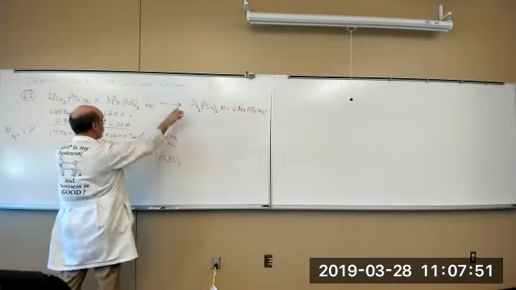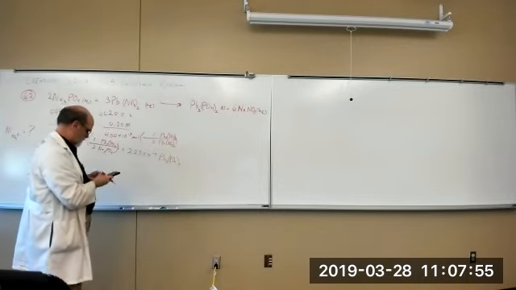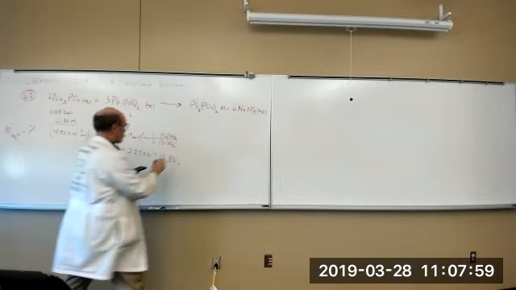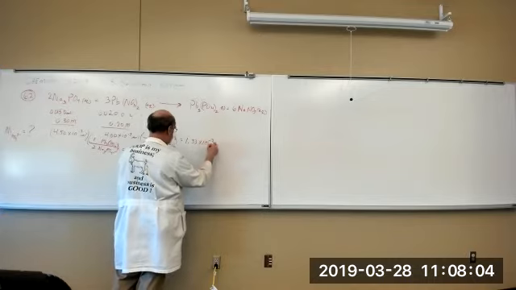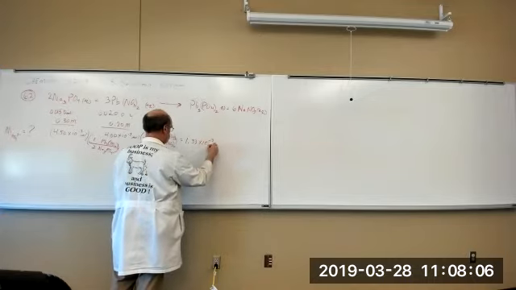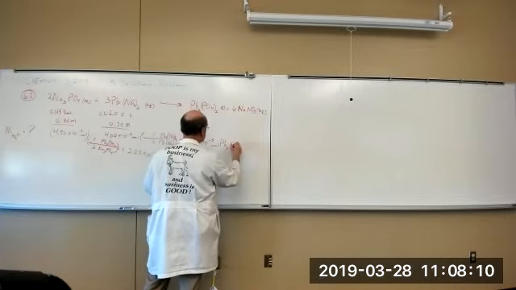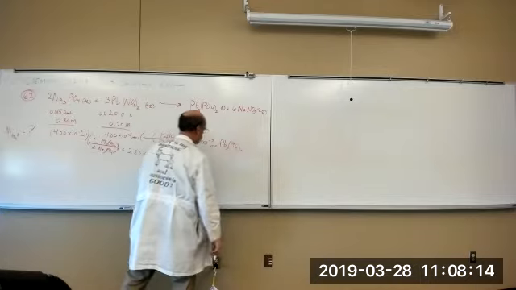Okay, so that's still 1. This one's 3. So we're going to divide that one by 3. And that's 1.33 times 10 to the minus 3 moles lead-3 phosphate, actually. There we go.